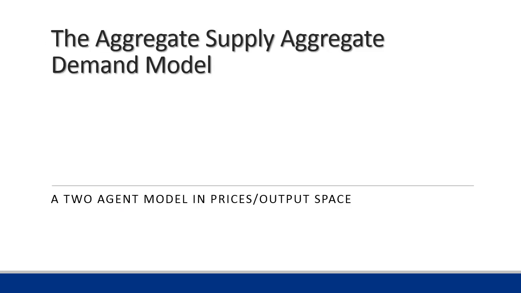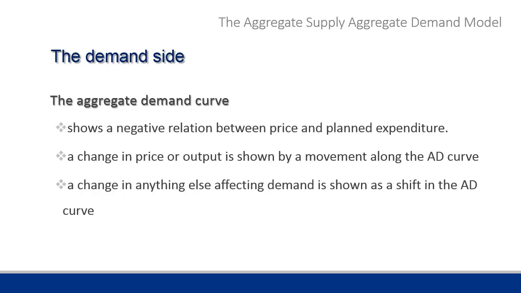We now go on to introduce the aggregate supply, aggregate demand model. It's a two-agent model in prices-output space, a two-dimensional analysis between prices and output. The demand side in the model is represented by the aggregate demand curve, which in itself is a representation of the average consumer.